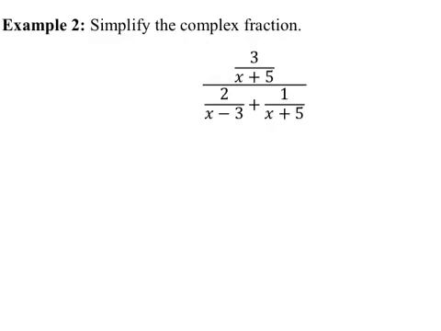It's the same problem. But look at the denominators. They're already factored. The factor of the first denominator is x plus 5. So we have to think to ourselves, a least common denominator is the product of all of the factors. Well, what factors do you see in the denominators here? What's one of the denominators? X plus 1. Yeah, that's one of the factors.